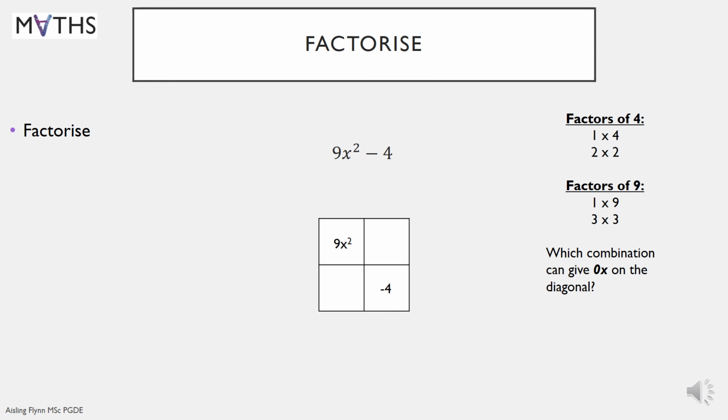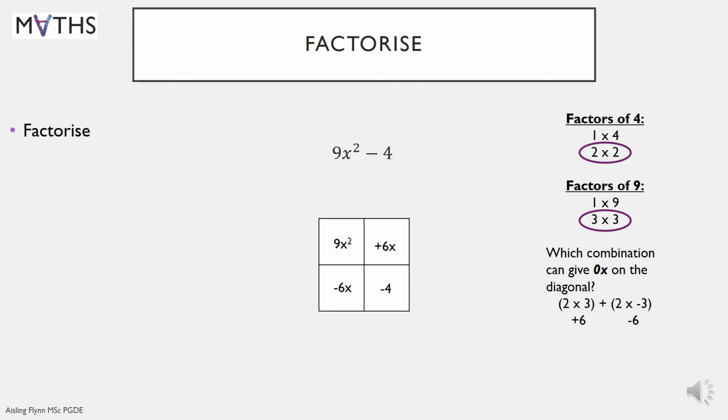Now if we're to get 0x, basically we'll have to have something x minus that same something x. So we're looking to make the same thing. That tells me to choose 3 times 3 because they're the same, and 2 times 2 because they're the same. Using them together, we can make plus 6 and minus 6.